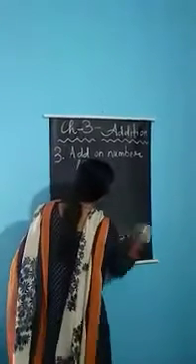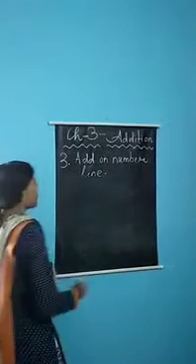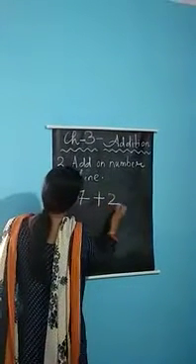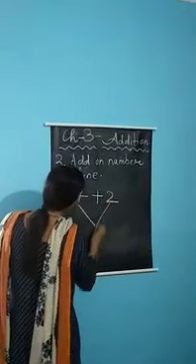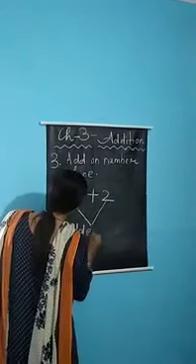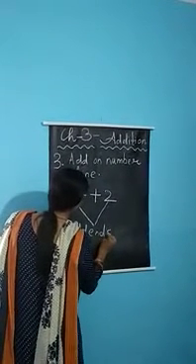What is that? When we are adding numbers like 7 plus 2, these 7 and 2 are called the addends.